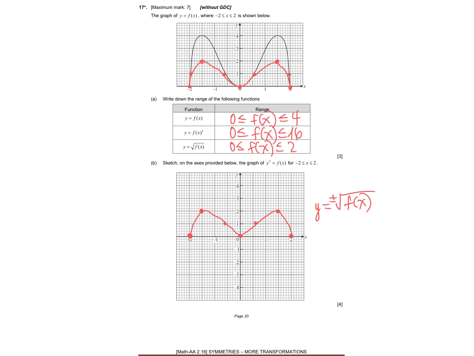And then we just flip that over because it's going to be the plus and the minus. So we're going to be down here. We're going to be here, back up at 0. We're going to be here, here. So it's going to be like a little bow tie.